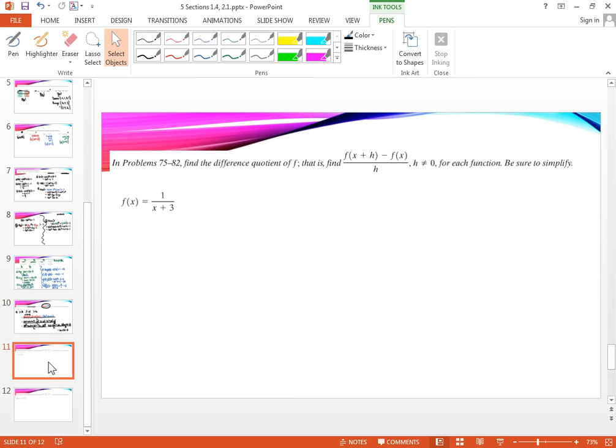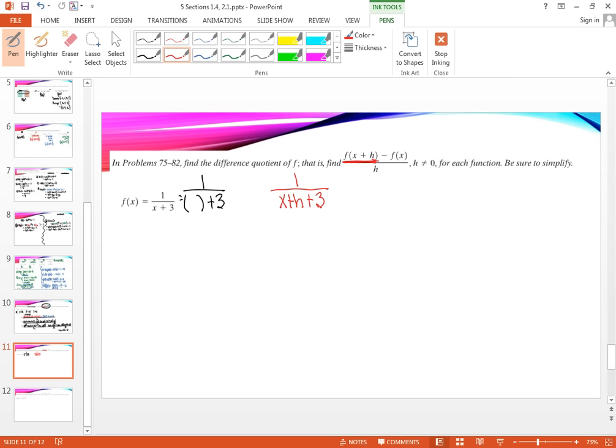Okay. All right, let's do one with another fraction. Let's do some fractions in fractions. Okay. All right, so again, think about this as 1 over something plus 3. So the first part is I want to do the f of x plus h. So I want to plug x plus h into the parentheses. So I get 1 over x plus h plus 3. And I could put parentheses or not. It doesn't matter. Okay, it's fine either way.